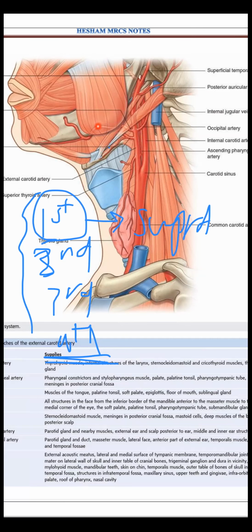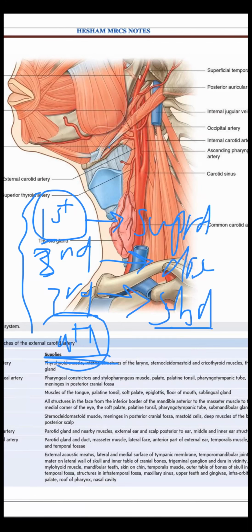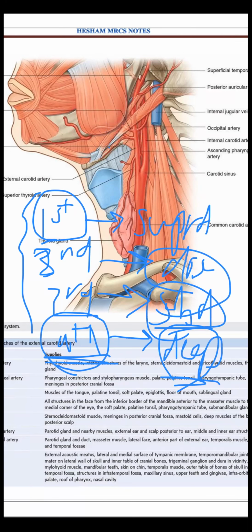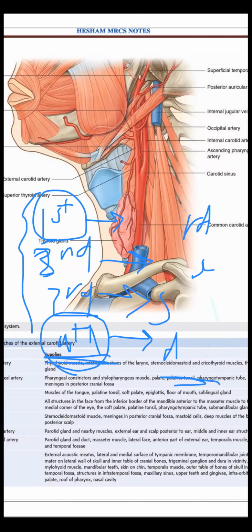Then from its third part, you have what's called sublingual artery. From its end, you have deep lingual. By the way, you have dorsal, sublingual, deep lingual, from second, third, and fourth. They are branches from the lingual artery.